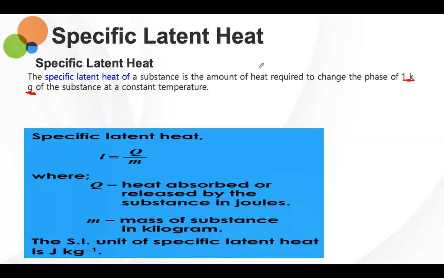So the amount of heat energy required, while the material is at a constant temperature, to change the phase of 1 kilogram of that particular substance. So it brings us down to our formula: specific latent heat, L, is equal to Q over M.